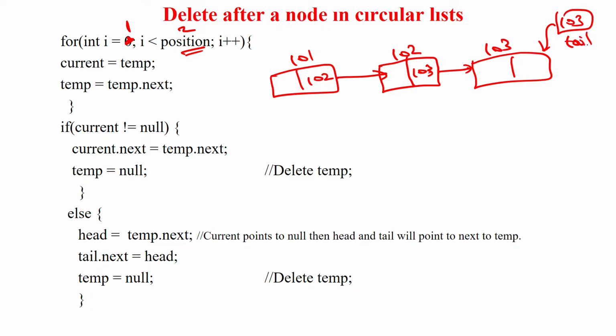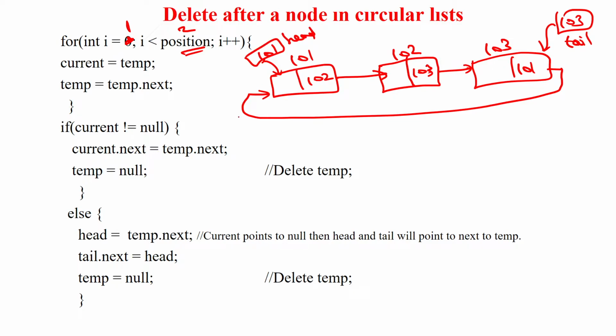The tail holds the address of the head node, which is 101. So head is 101.